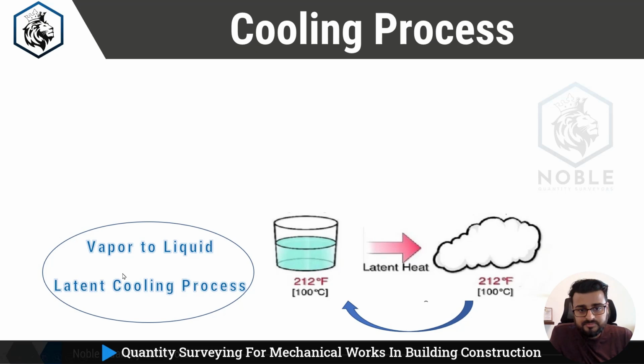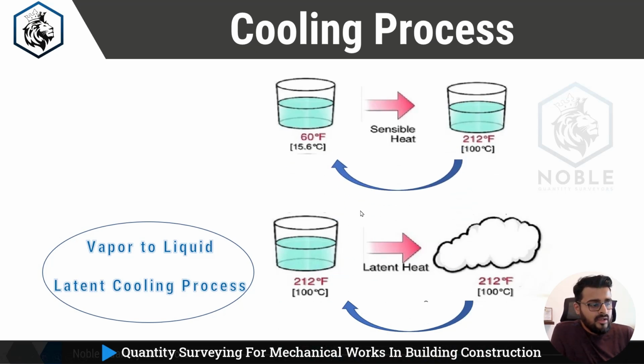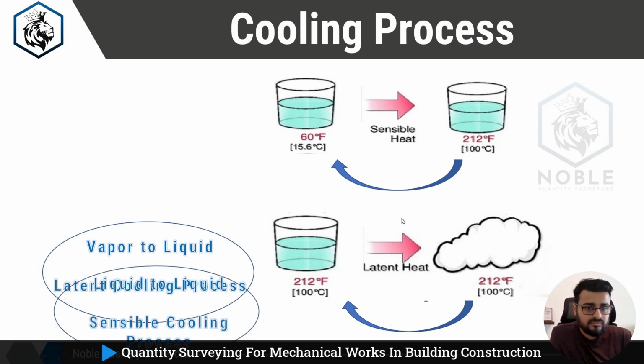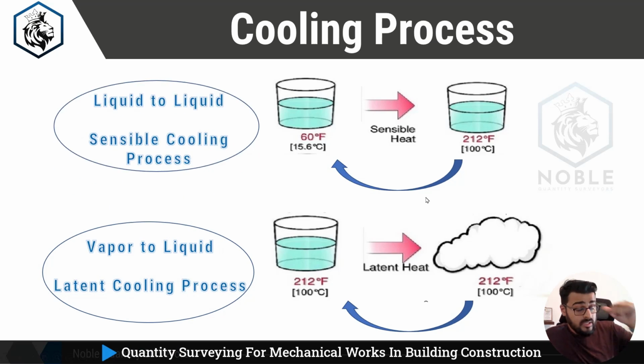Vapor to liquid. What's next is the sensible cooling process. Sensible cooling process is liquid to liquid. When you are reducing the temperature from 100 to 15 degrees Celsius, that is known as sensible cooling.